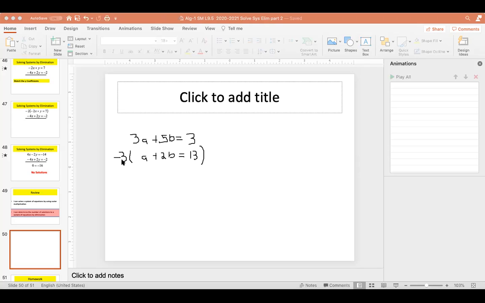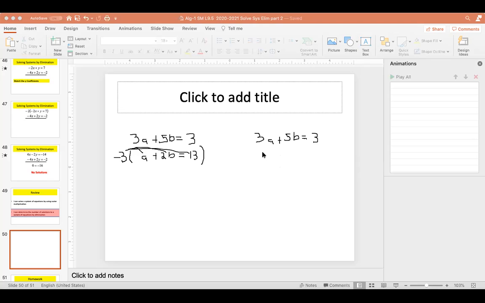Yeah. Okay, so I'm going to rewrite the first equation. That's 3A plus 5B equals 3. And then the second one, I'm going to do that math there to the left. So do that math for me in your head real quick. This times this, this times this, this times this.